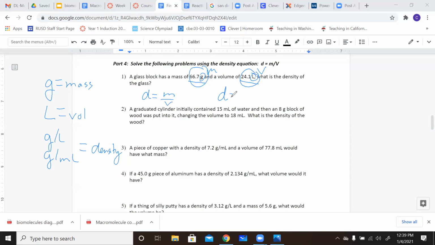So D equals 66.7 grams divided by 24.1 liters. You divide and you solve to get that numerical answer. I'm not going to solve it for you because I have no doubt that you can plug in 66.7 divided by 24.1 into a calculator all by yourself.